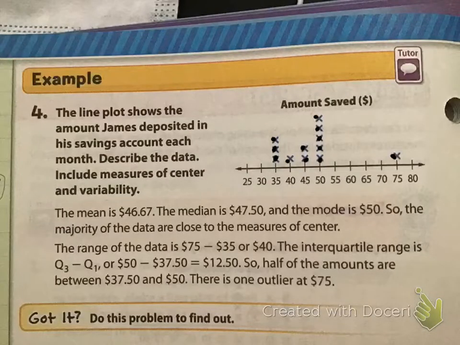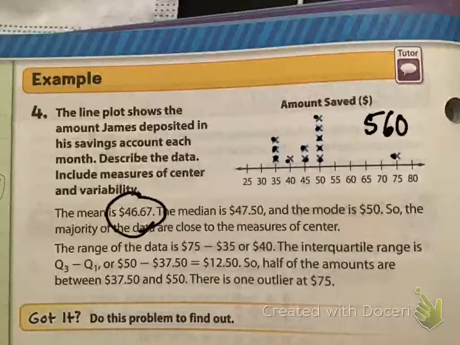We find out that our number is 560. So with our numerator being 560, we divide it by 12, we get $46.67.